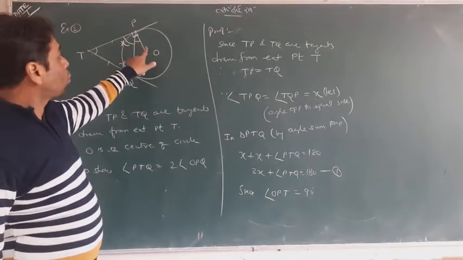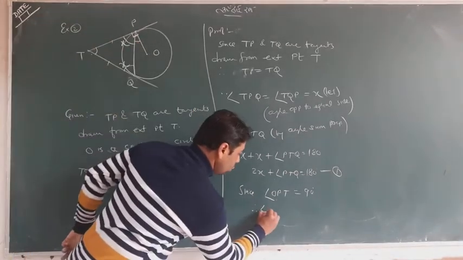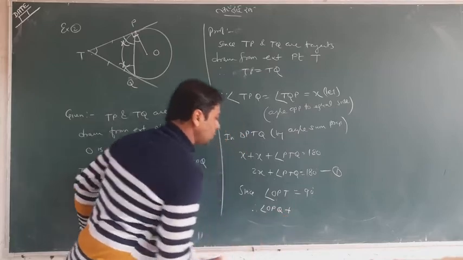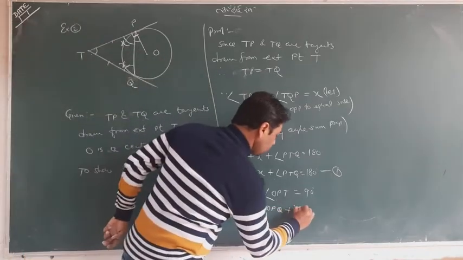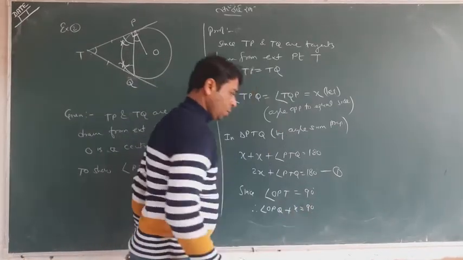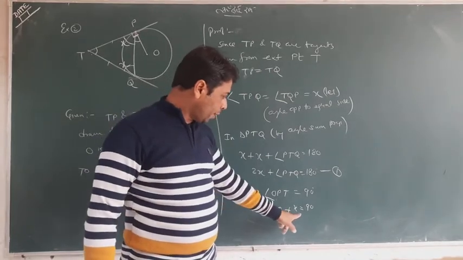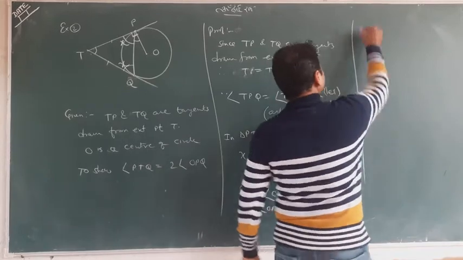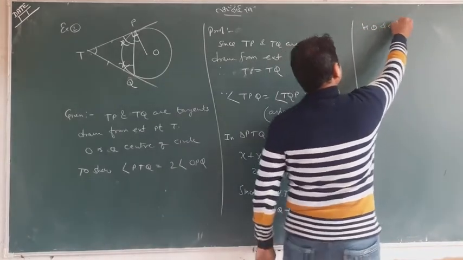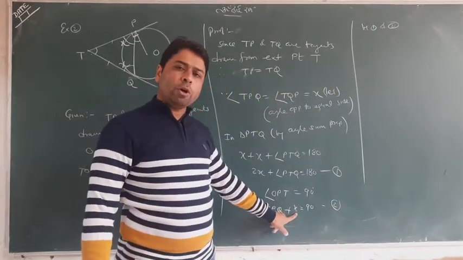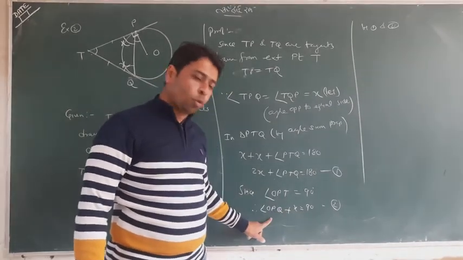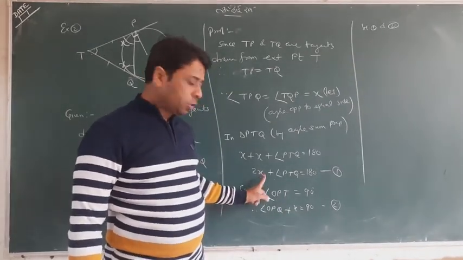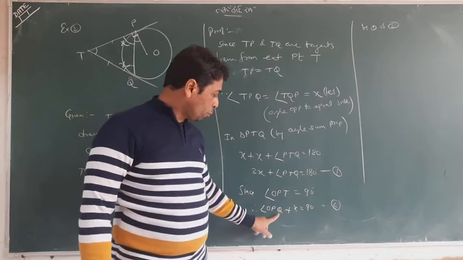So OPQ plus X is equal to 90. Would you think that you can put the value of X from here into the other equation? X is equal to 90 minus OPQ, and I will put it here.